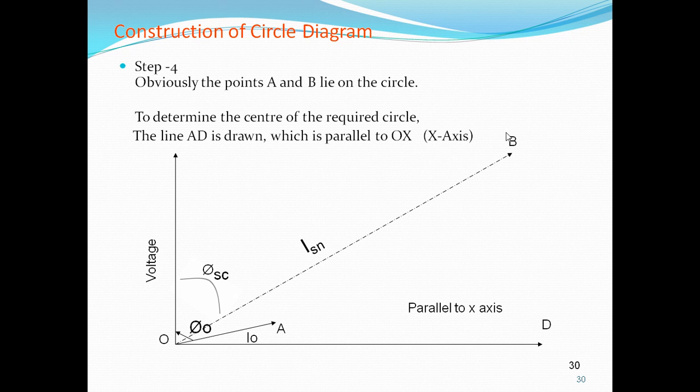So next, step 4: these two points A and B must lie on the circle diagram. To determine the center of the required circle, the line AD is drawn, which is parallel to the x-axis. Like this we will draw, parallel to the x-axis.